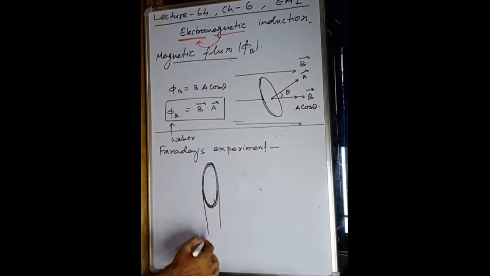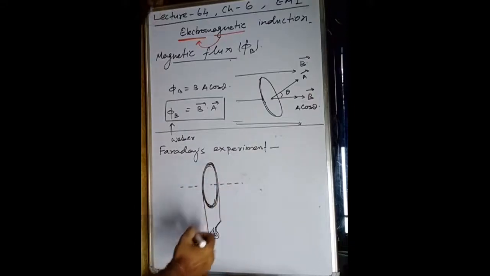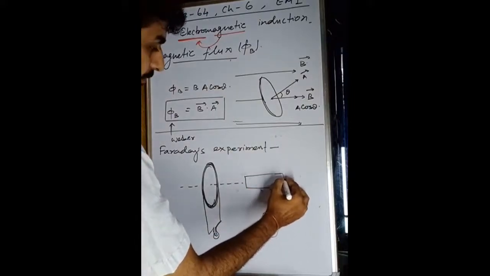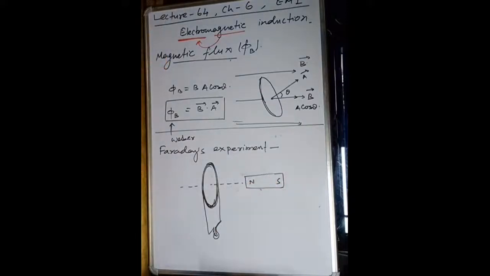We have the two ends of the coil. We connect the two ends with an LED bulb, which requires a very small amount of current to glow. This is the coil. This is the axis of the coil. A bar magnet is kept over here.